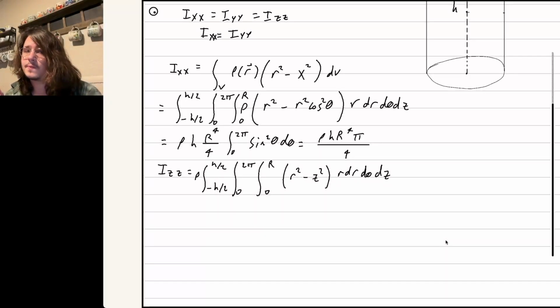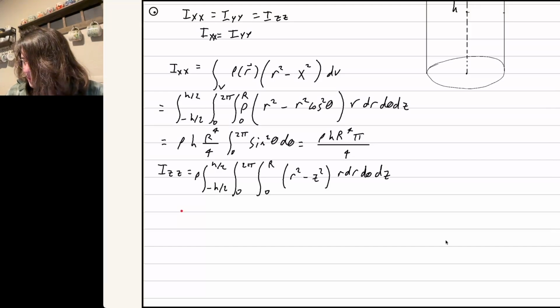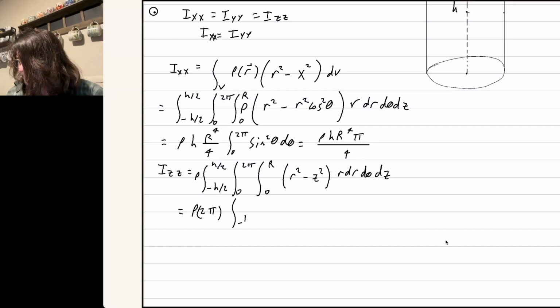Notice there's no theta in the integrand, so I'm going to go ahead and pull out a 2 pi, right? And then looking at the r integral first, it's r fourth over 4 minus z squared r squared over 2 from 0 to r dz.